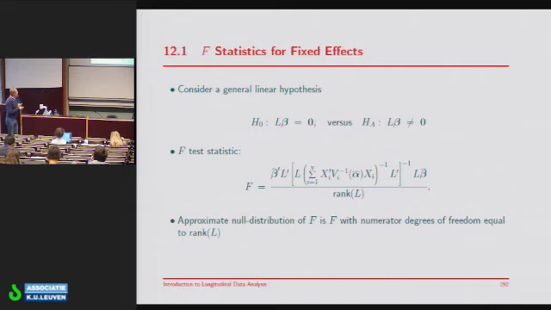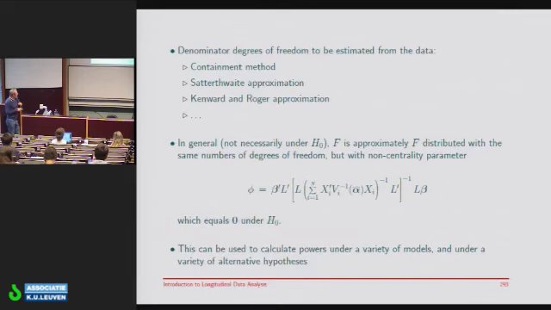The only difference is that denominator, which is not there, but we know what the rank of L is, that's very easy. And what is also different is that in our F statistic, I get here beta hat, while I would need it for beta, the true value, under the alternative hypothesis.